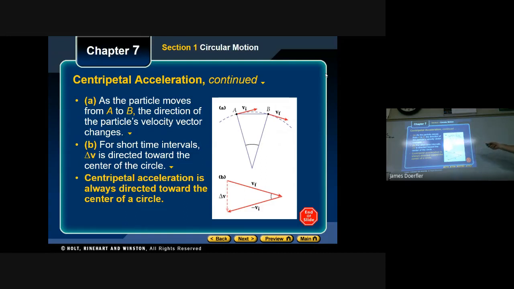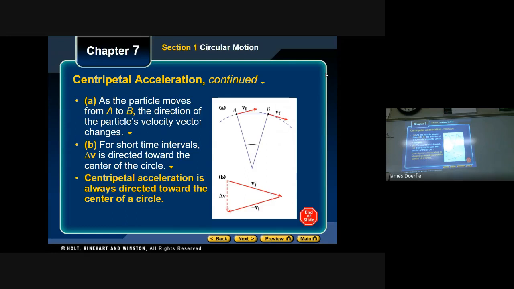As it proceeds from A to B, that vector is always changing for that particle. And if we look at short time intervals, the change in velocity of the particle is actually directed towards the center of the circle.